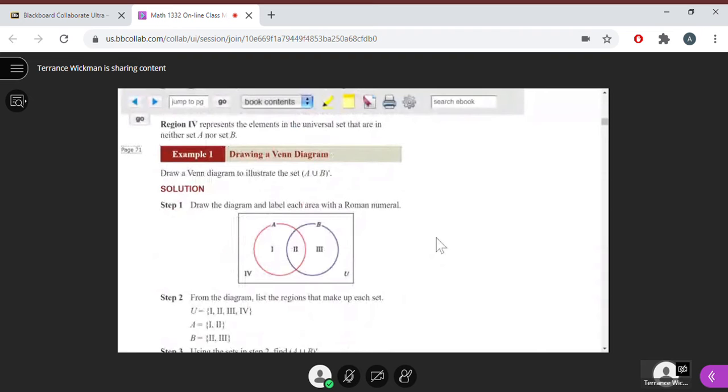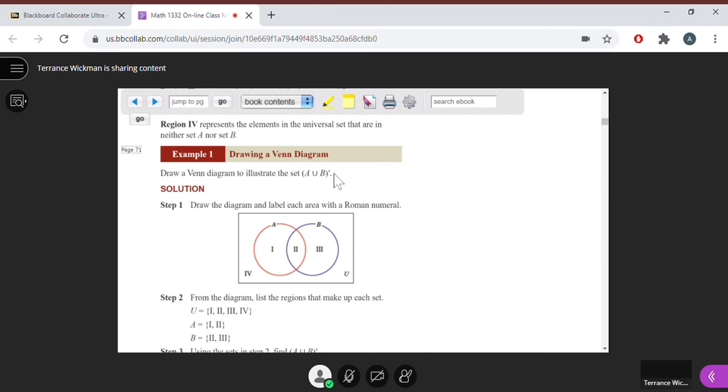Now, if you look at one, it says draw a Venn diagram to illustrate the set that is A union B, not that. Can you see my arrow point to stuff here? Yes, we can. Okay, so this U thing means union.